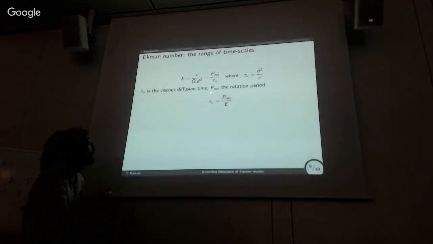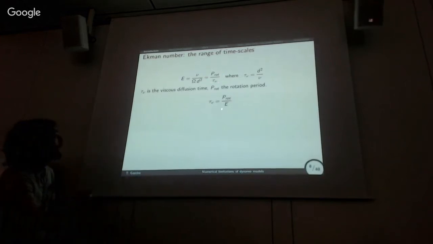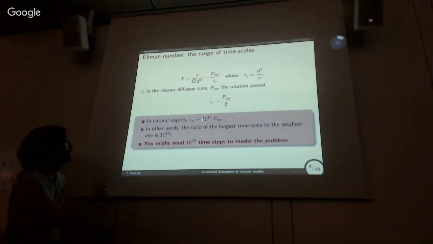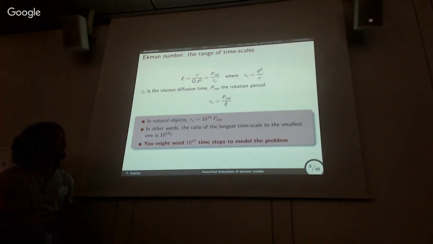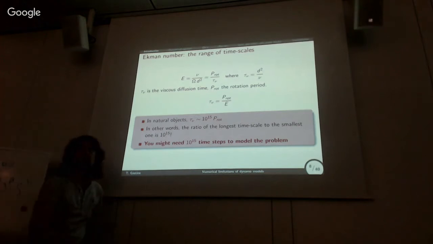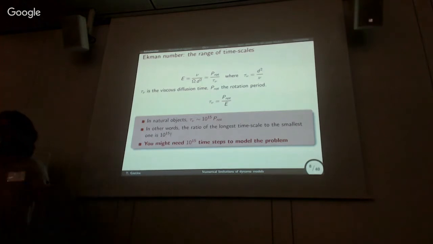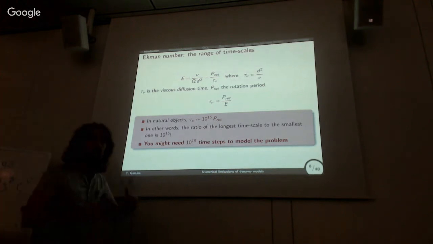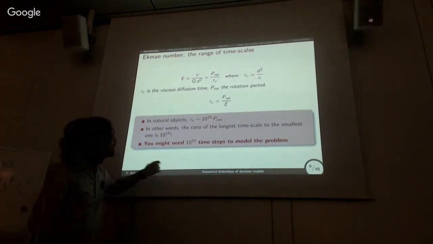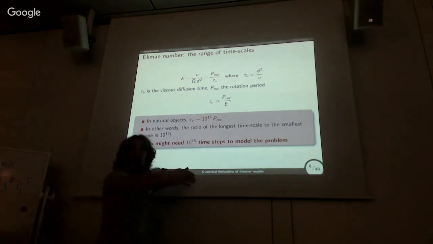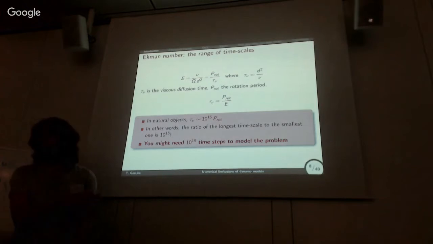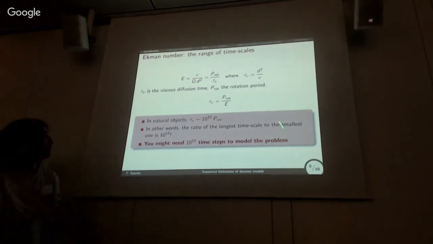And typically Ekman is very tiny, which means that now the viscous time can take approximately 10^15 times the rotation period. So if you want to do a simulation that is both capable of resolving the rotation period and run long enough to also reach a diffusion time, you will need at least 10^15 times that, which is again fairly impossible.